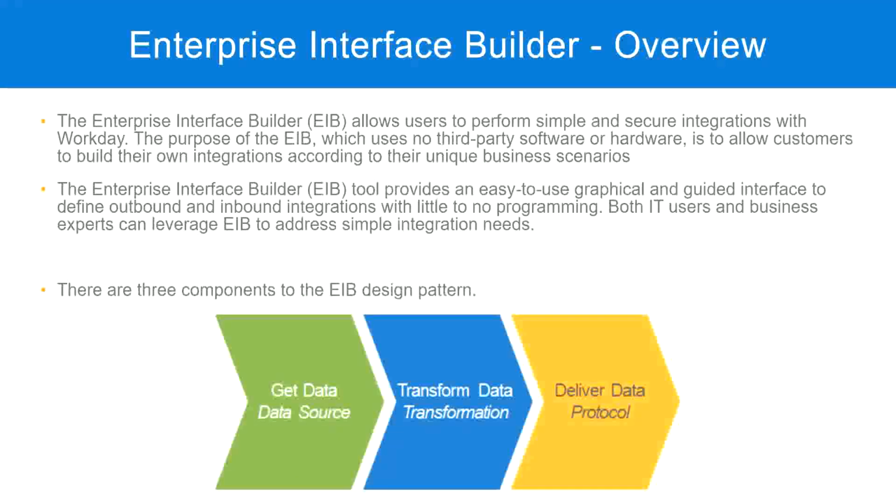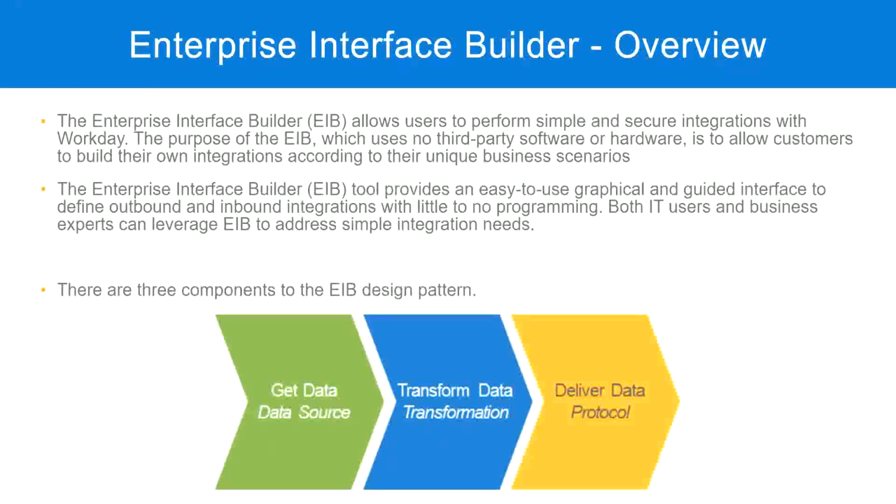That is transform data. The third step will be to send the data to the recipient, or to deliver the data. When we create an integration using EIB, we will see these 3 steps there as well. Get data, transform data, deliver data.